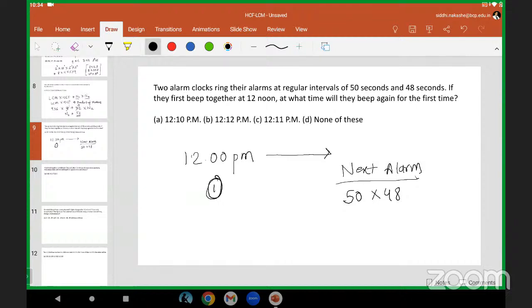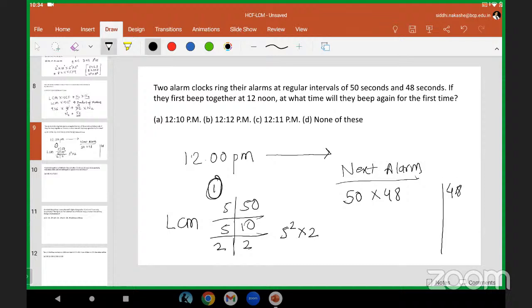For this question, we need to find the LCM. So the LCM of 50, that is 5 into 10, that is 5 again and 2. So that is 5 square into 2. And similarly for 48, we have 2 into 24, 2 into 12, 2 into 6, 2 and 3.